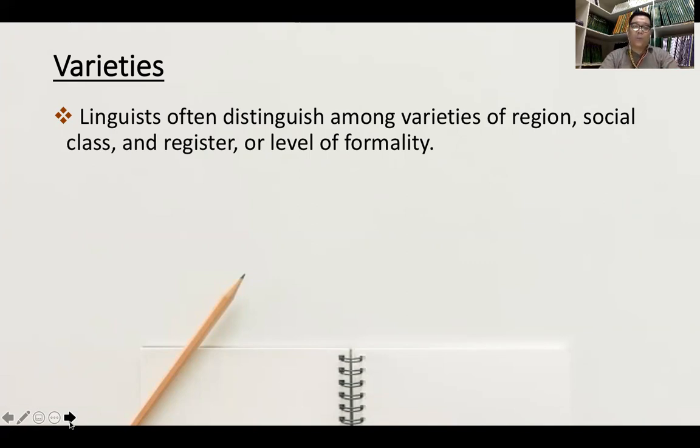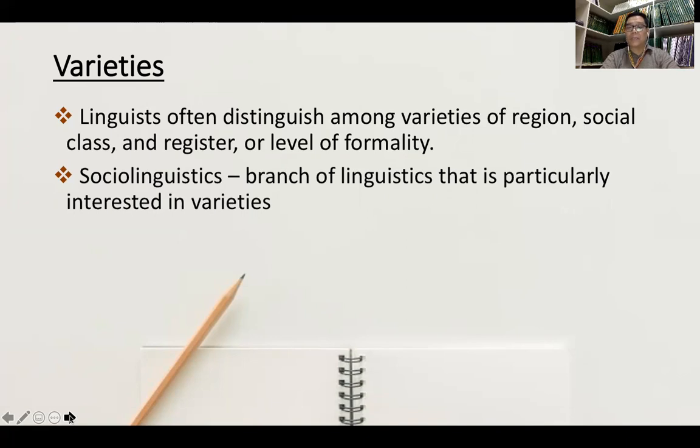When you go to the virtual world, for example, those who are fond of online games also have their own registers. And so, distinctions among the languages used happen. And that is where varieties come in. There are also varieties in terms of the level of formality being used, depending on the register used by people.